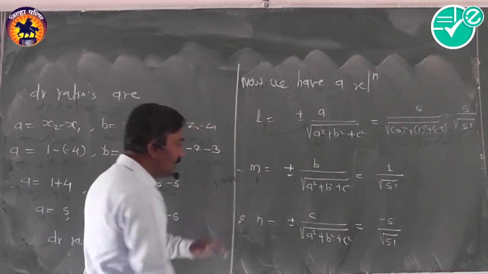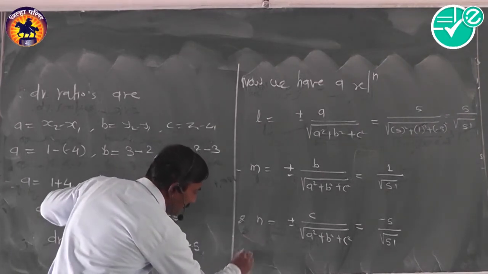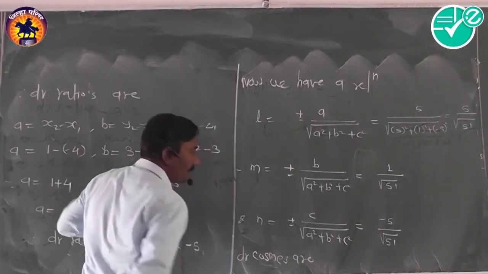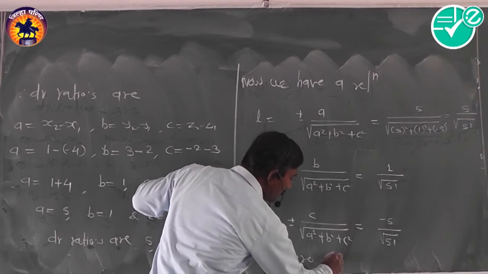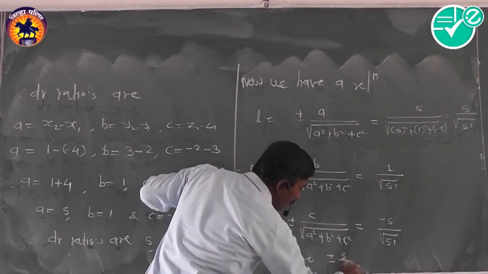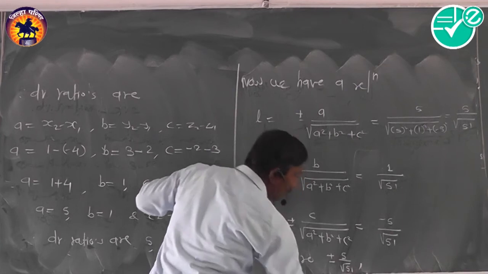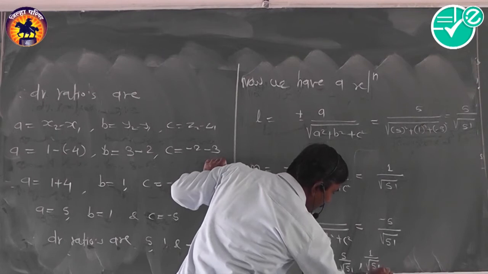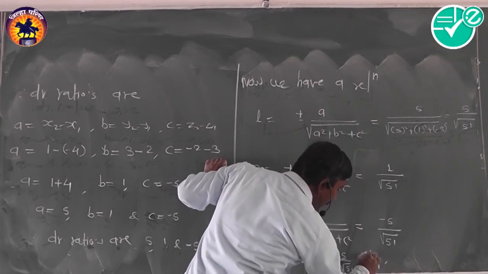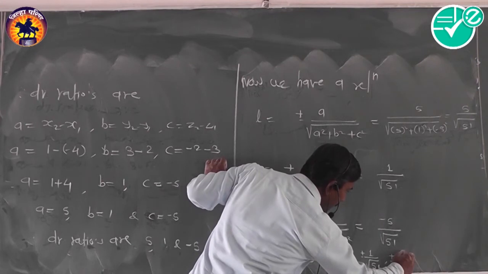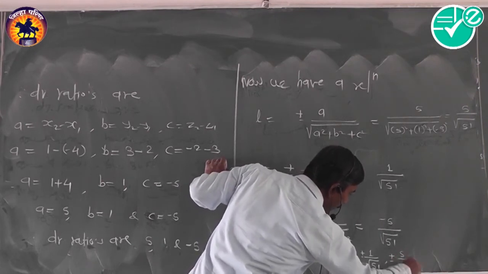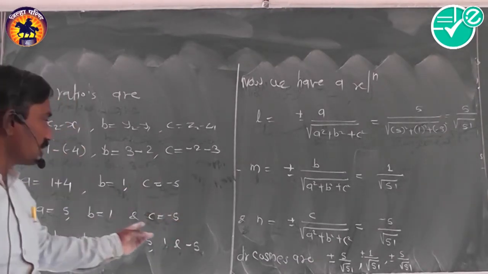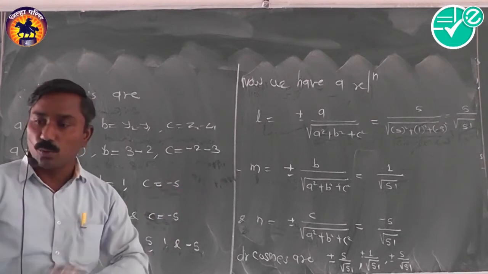So lastly we can write the direction cosines are plus or minus 5 divided by under root 51, 1 divided by under root 51, and plus or minus 5 divided by under root 51. So we can find the direction ratios and direction cosines of the line.